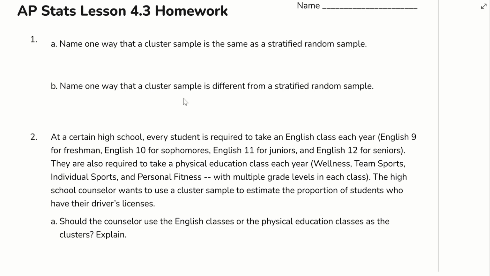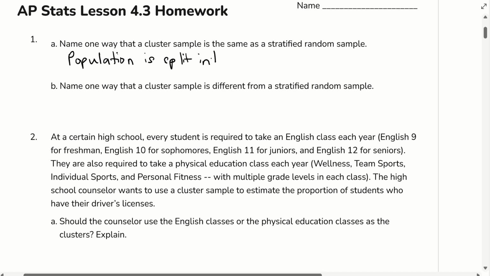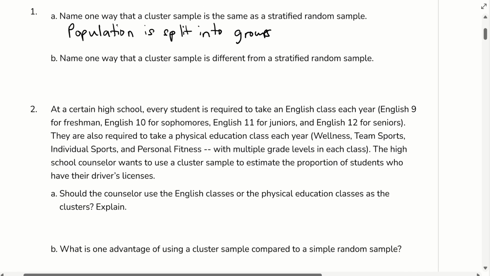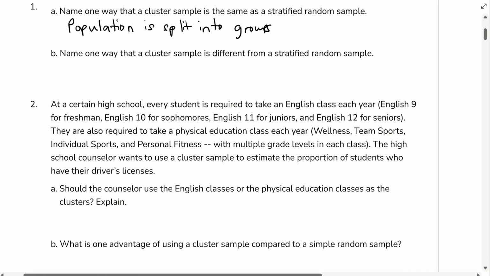So one way that is similar is that the population is split into groups. In the case of the cluster sample, it is split into clusters, and then stratified is split into strata. Name one way that a cluster sample is different from a stratified random sample.